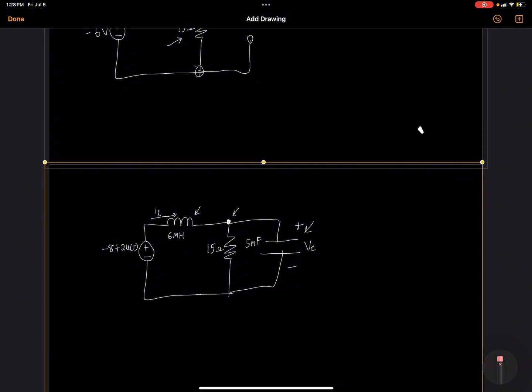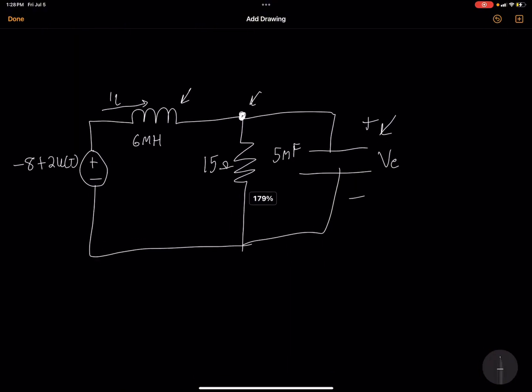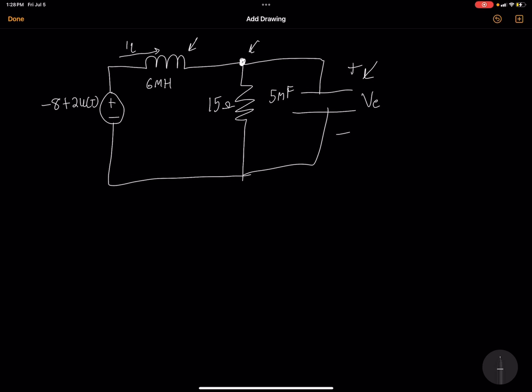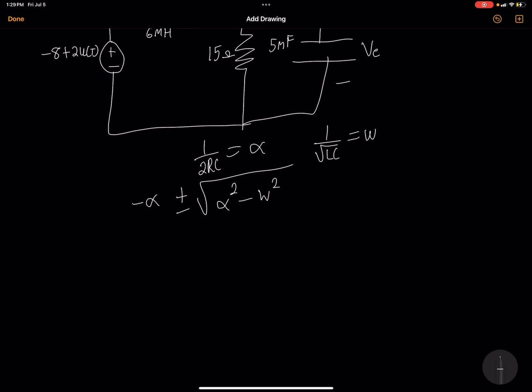Let's erase all this circuit. Since these are not directly in series, this is a parallel circuit, which means 1 over 2RC is equal to alpha, and 1 over root LC is equal to omega naught. And the formula is as follows. Plug this into this equation, and you should get your answers.